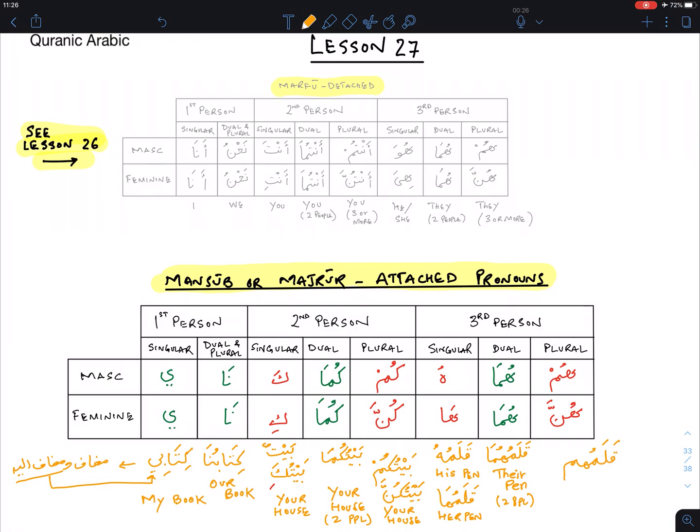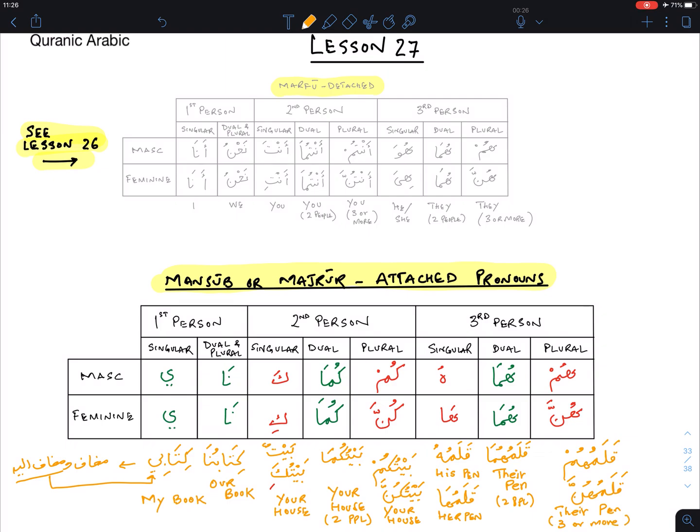And you see, we're just adding the term here, hum. And for female, it's going to be qalamuhunna. And it's their, again, their pen. And it applies to three or more people.